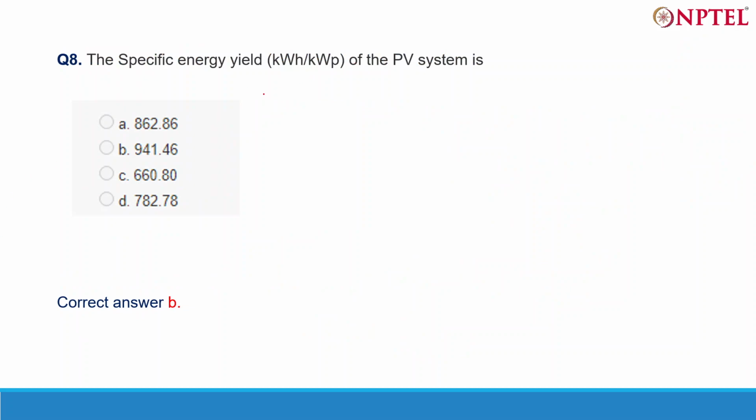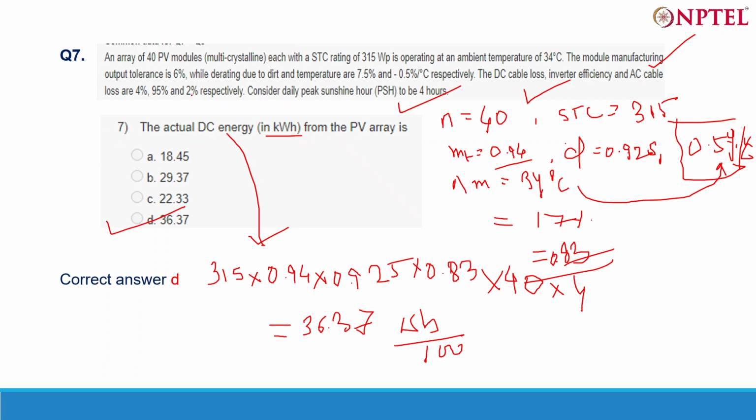Now the next is the specific energy yield of the system. That is again a question. The specific energy yield is basically you need to calculate the AC power for that. So for AC power, DC cable loss is given as 4%, then inverter efficiency is given, and then AC cable loss is given. So you have to multiply 96%, 95%, and 98%.